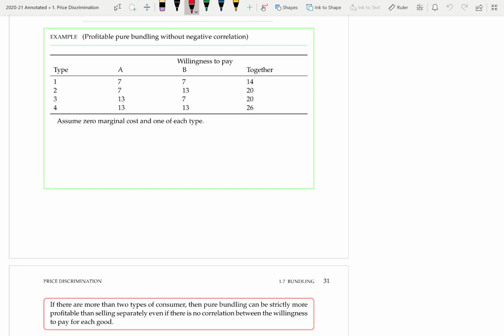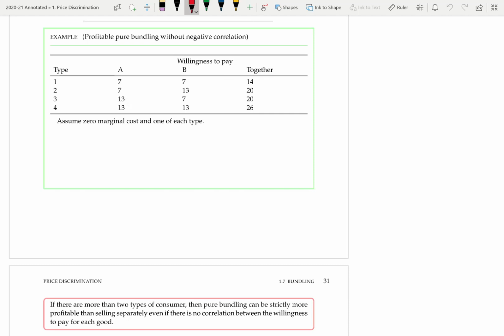So let's look at the optimal pricing. Again, we're going to assume a zero marginal cost. What is the optimal price if they sell A separately? Well, they can either price it at 7 or 13. If they price it at 7, they'll sell 4 units of good A and get a profit of 4 times 7, which is 28. Whereas if they price it at 13, they'll sell 2 units and get a profit of 26.